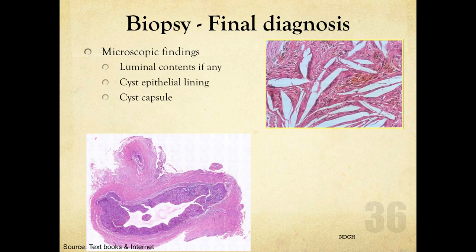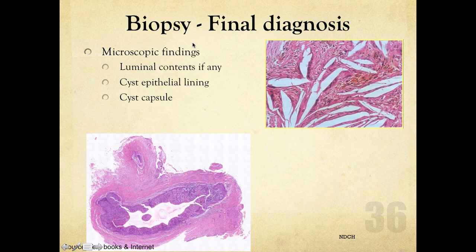Then you cut out the specimen bits and process them, and make them into a slide, and using a microscope, you record the microscopic findings. Now this gives the final diagnosis of the lesion.